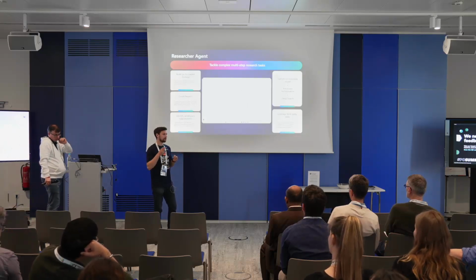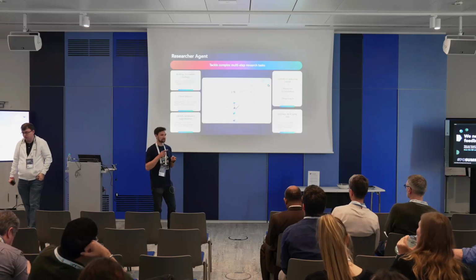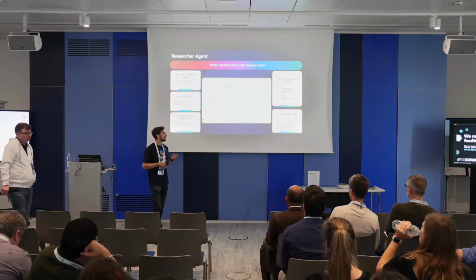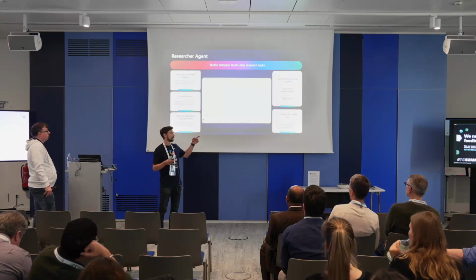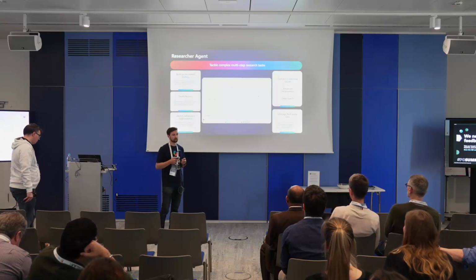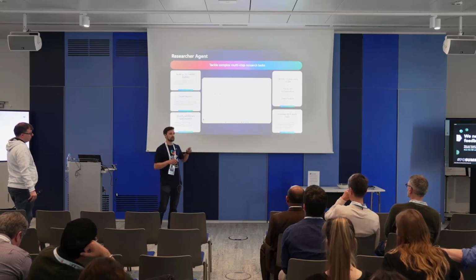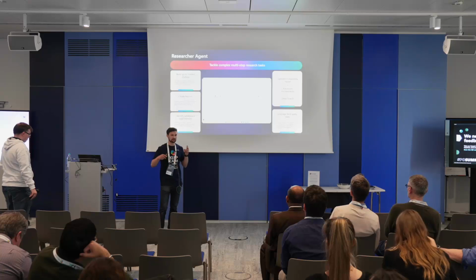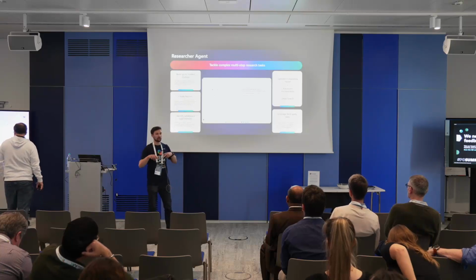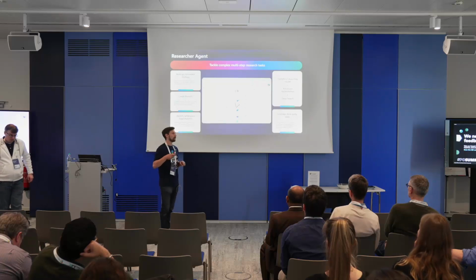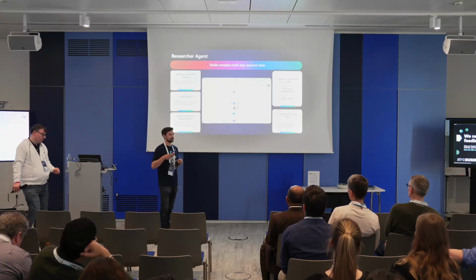So it could be emails, messages, calendar entries, documents, obviously, but it also combines it with web search. It could take a while to process if you ask Researcher to do some stuff, because it retrieves a lot of different information, and then it goes through the whole process iteratively.